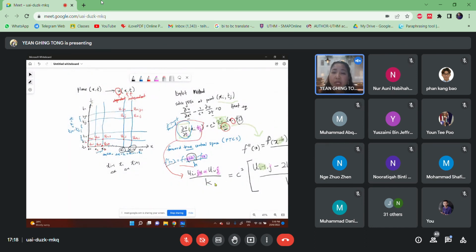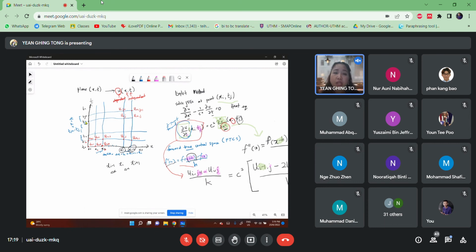Sebab kenapa you have to remember this one because kita akan ada paksi x, di mana paksi x adalah x, and the y axis here is t. And for the x, we'll use i, okay? i minus 1, i plus 1, okay? For the t, that means the y axis, we will use j.